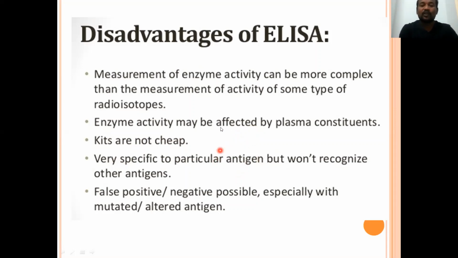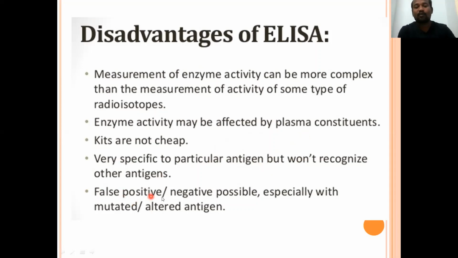For example, if you want to detect HIV, we must have a kit for detecting HIV. So the kit must be an HIV antigen coated kit. That kit is only useful for detecting HIV. We cannot detect other bacterial or viral infections with that same kit. We have to look for a separate kit.